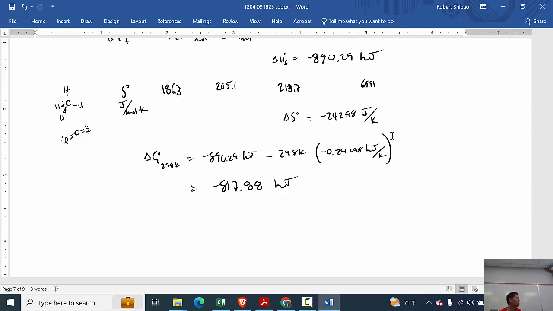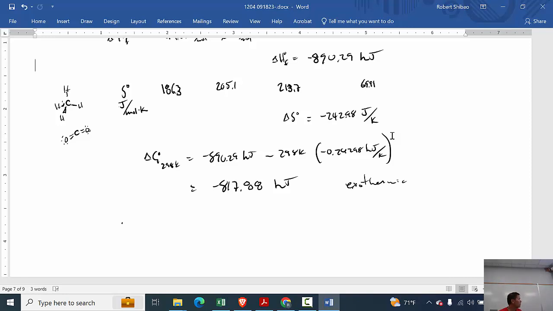PV work is unavoidable if you do reactions at constant pressure. Okay, so that's the amount of energy. This is exothermic. And so this is the amount of energy the surroundings can use. This is the amount of energy the system loses and gives to the surroundings.